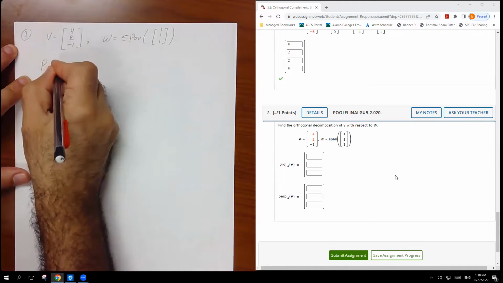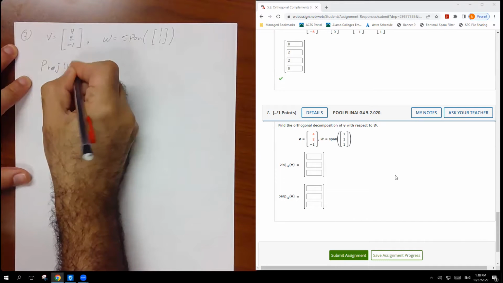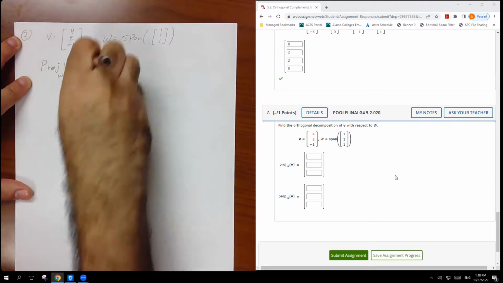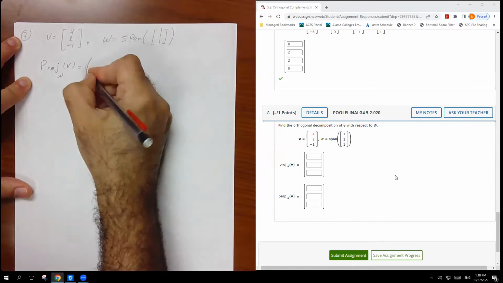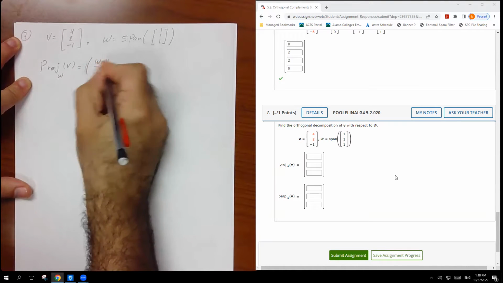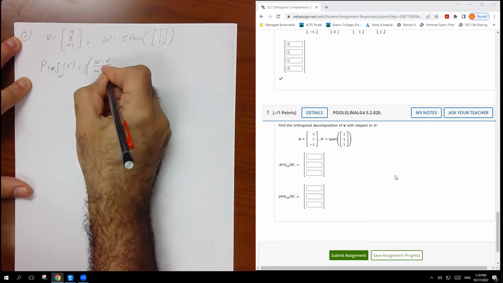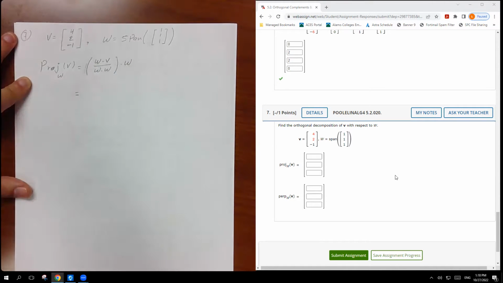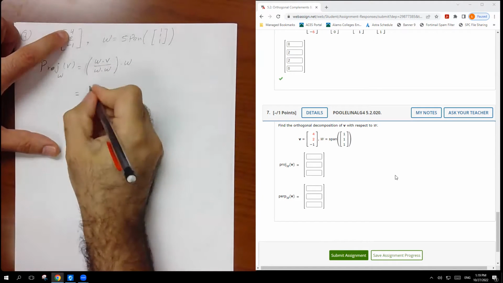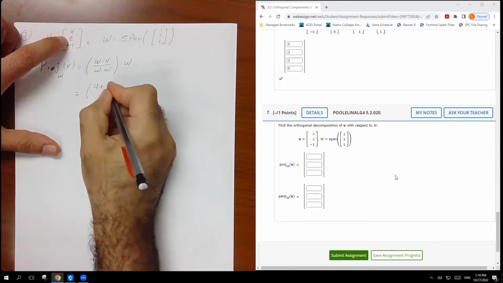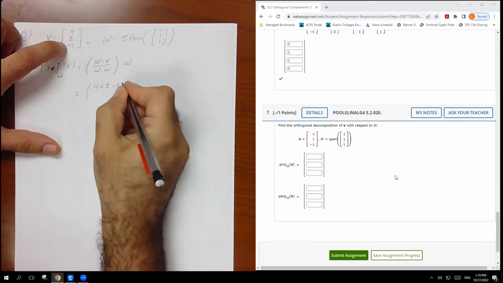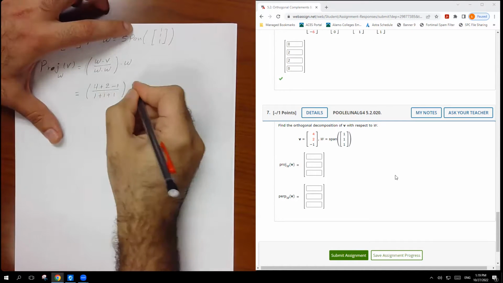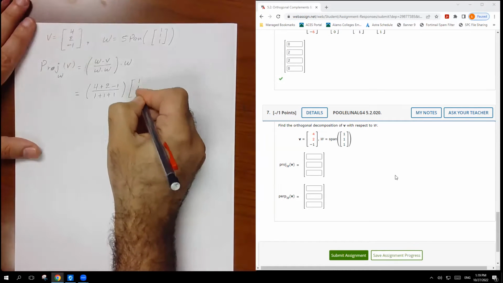So the projection of V onto W is going to be V times W over W times W, and everything times W. So it's going to be 4 times 1, 4 plus 2 times 1, minus 1, over 1 plus 1 plus 1, and everything times W, which is 1, 1, 1.